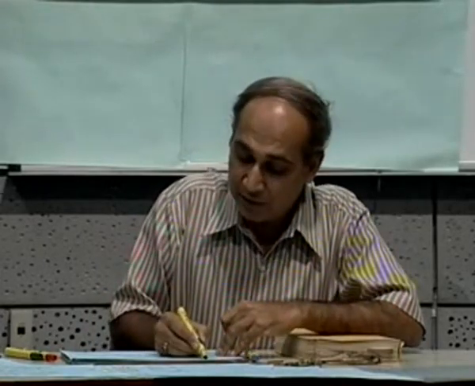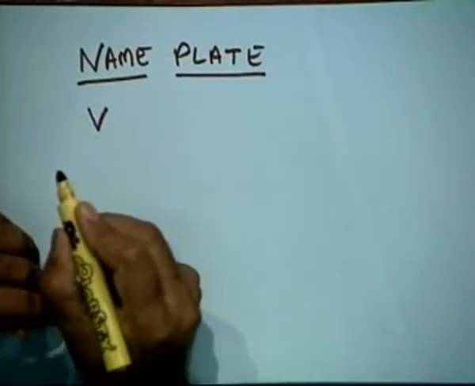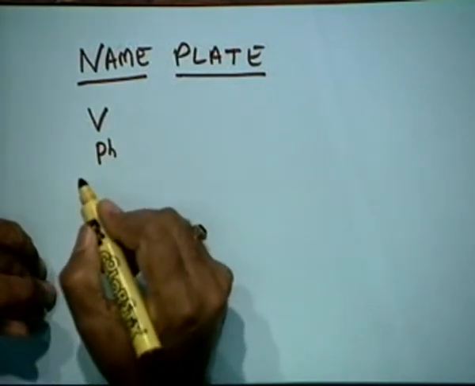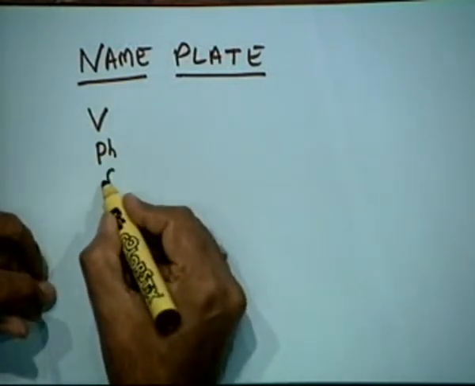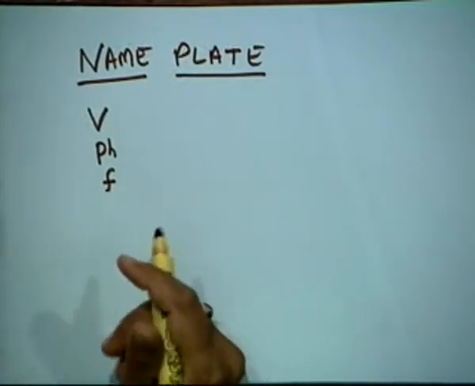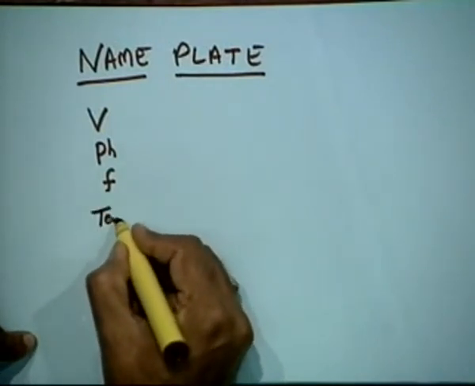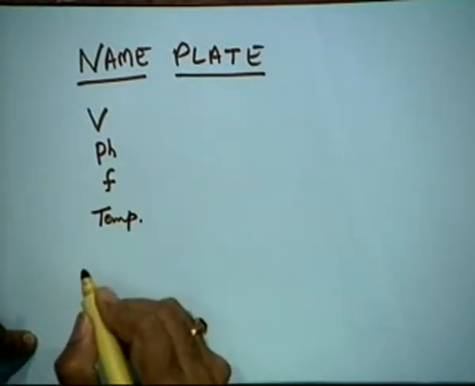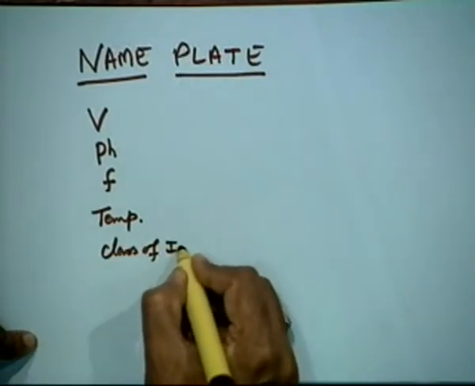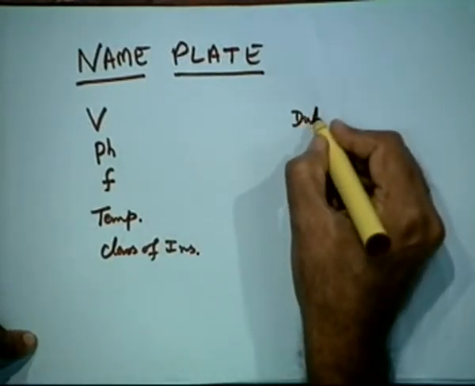It will give you the voltage rating. If it is AC, it is the line to line voltage. Then it will tell you the number of phases, whether single phase or three phase. It will tell you the frequency. If you look at a nameplate, it will also tell you the temperature rise that is allowed, the class of insulation, and the duty for which it is allowed.